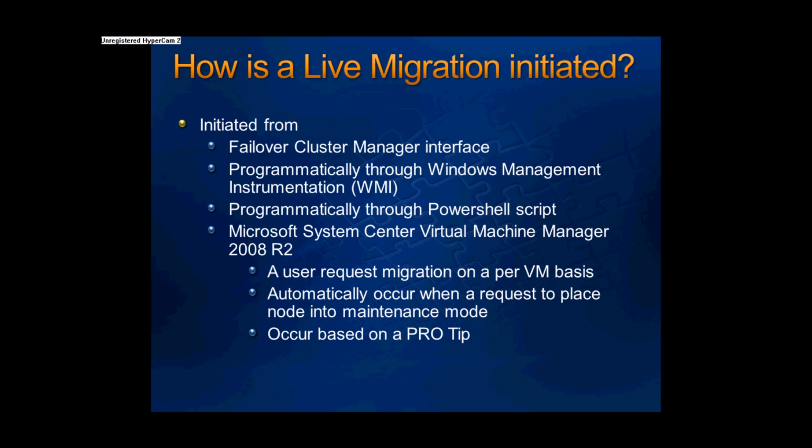Another way is to execute it through WMI, or you can run PowerShell scripts to initiate live migration. Lastly, you can also use System Center Virtual Machine Manager 2008 R2 to initiate live migration.